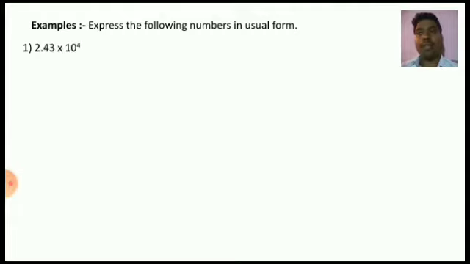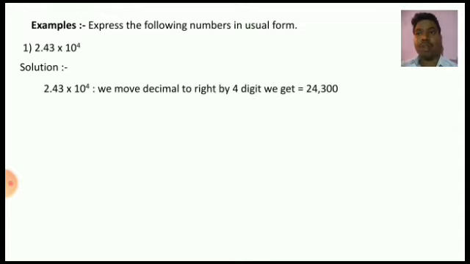How do we express this? Solution: here we have 2.43 into 10 raised to 4. We have to write this number into usual form. In the given number, 10 raised to 4 is multiplied to 2.43, so we move the decimal to the right by 4 digits. So we get 24,300.